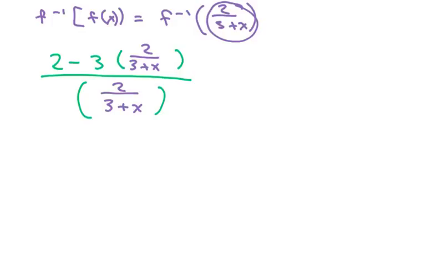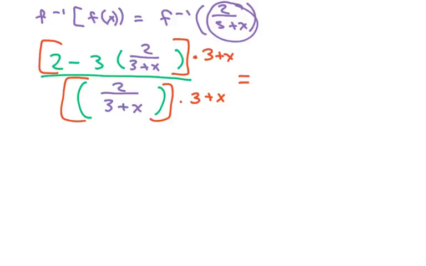Now in this case, to help simplify, all I'm going to do is clear the fractions at the bottom by multiplying the numerator by 3 plus x and the denominator by 3 plus x.